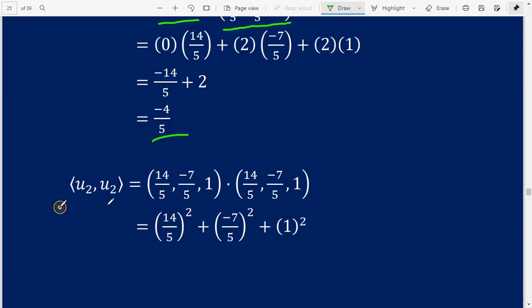Now inner product U2 with U2 is (14 by 5, −7 by 5, 1) dot (14 by 5, −7 by 5, 1).